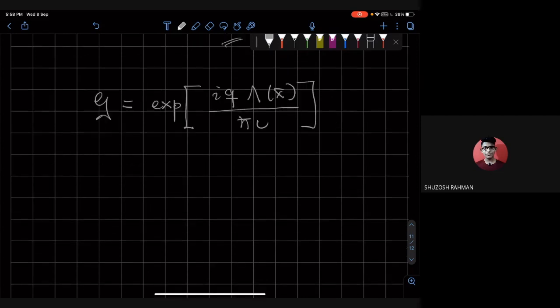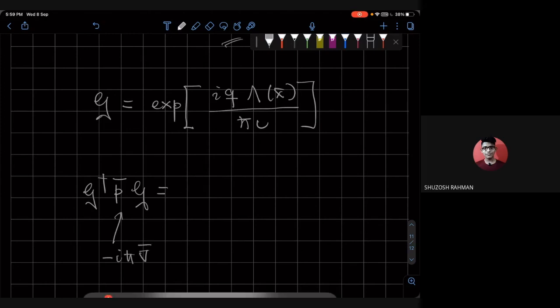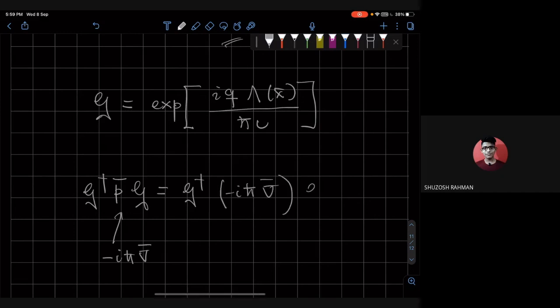Now we can show that if G is given by the exponential of i Q lambda, lambda being a function of x, divided by h bar c, then G dagger P G is going to be, now remember what is P? P is minus i h bar gradient, right? So there's going to be a G dagger here, and here we have minus i h bar gradient, acting on e to the power i q lambda by h bar c.